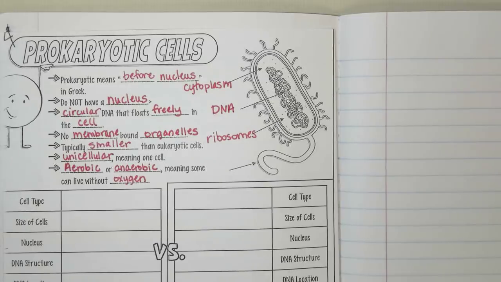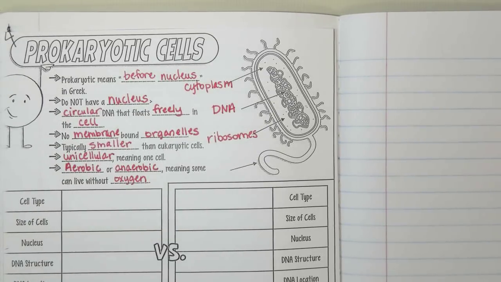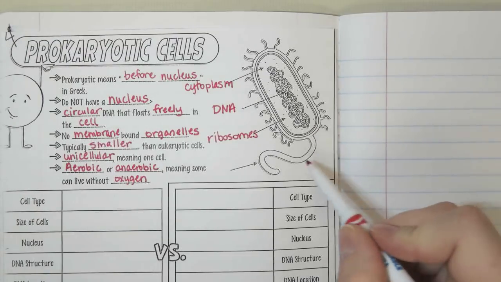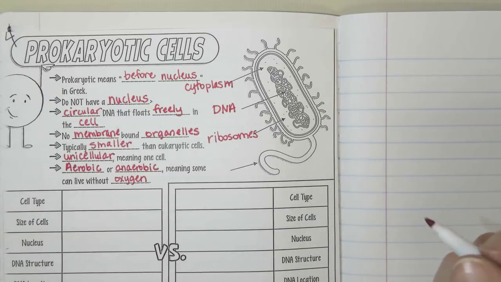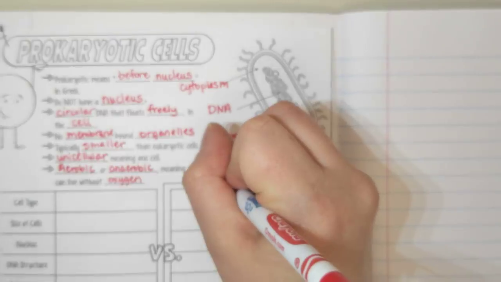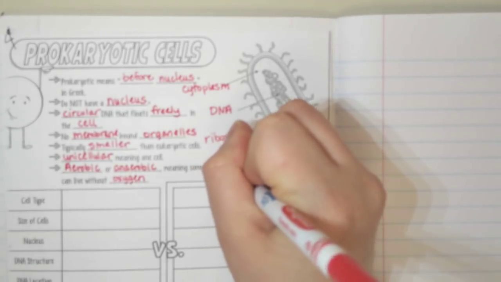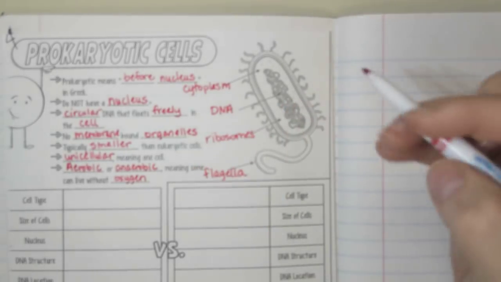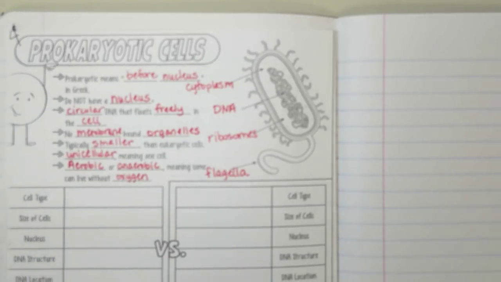We'll talk more about what those do later, but you can label it here. And then it looks like a lot of the prokaryotic cells have a tail. It looks kind of like a tail structure here. This is actually called the flagella, and that's what helps the cell move. Remember, some organisms may just be one cell, and they'll need a way to move.